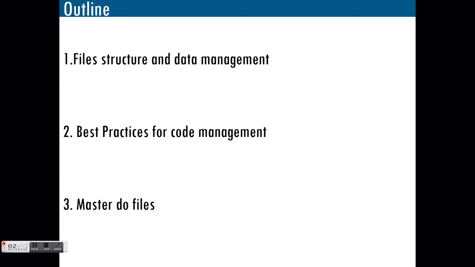And lastly, I'm going to talk about the master do file, how you can put the different do files that you use for importing your data, for cleaning up your data, for doing descriptive statistics and inferential statistics like hypothesis testing or some regression, and run all of them from one do file.